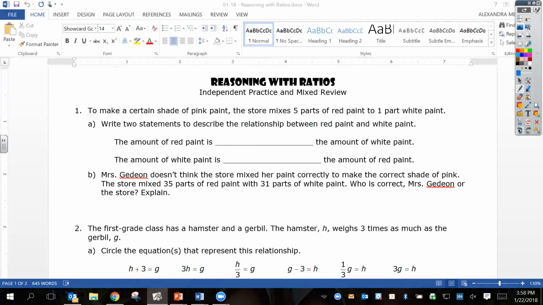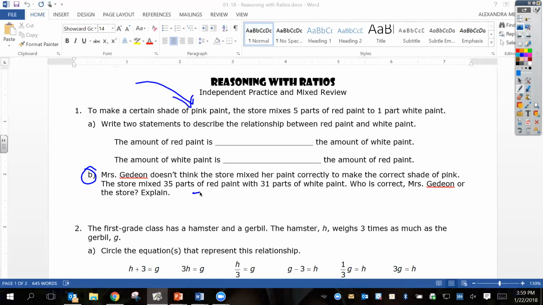Then it's going to ask you right here, I'm going to read B out loud because it kind of threw some people off. I'm going to call her Miss G. Miss G doesn't think the store mixed her paint correctly. She doesn't think they did it right to make the shade of pink. What did it say up top? What are you supposed to really do?